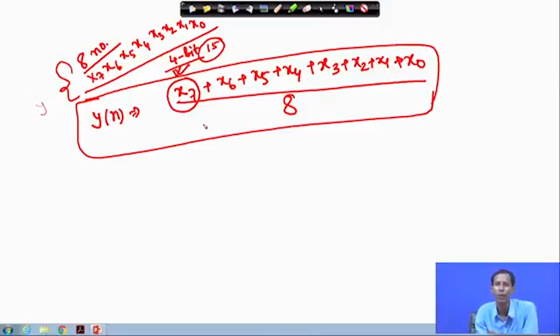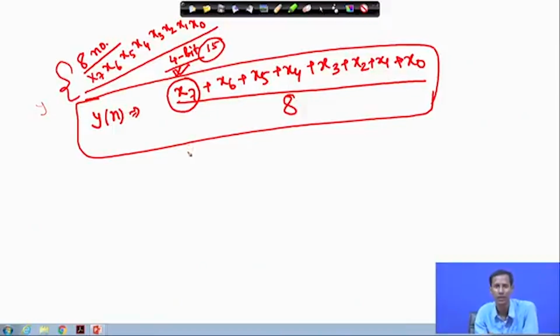The parallel implementation: for this total, how many numbers do I have to add? That is 8 numbers. Adders are of 2 inputs, so they can consider 2 inputs at a time. Considering that, how many adders do I require?